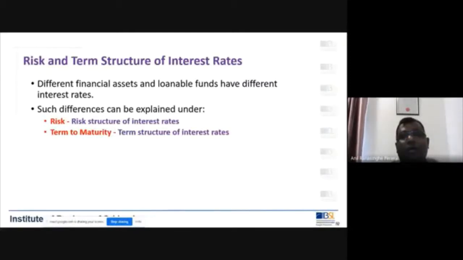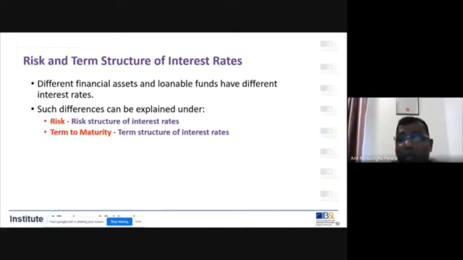Now the next part. We know there are various interest rates in the economy, not only one or two rates. There are thousands of rates in the economy. Most of these rates are used to price financial products, trade financial instruments, etc. Now, if you look at these thousands of interest rates, you will observe they are not similar.